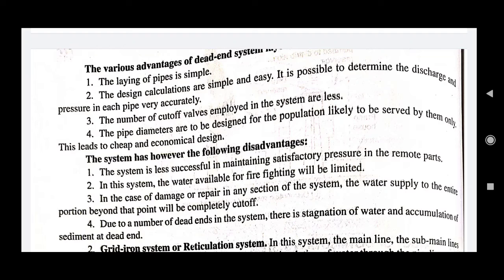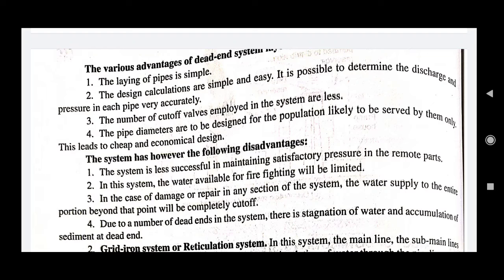The number of cutoff valves employed in the system is less. The cutoff valves we have already discussed. So the number of cutoff valves is very small. The pipe diameters are also on the lower side. That means these pipes are cheap and the design is economical.